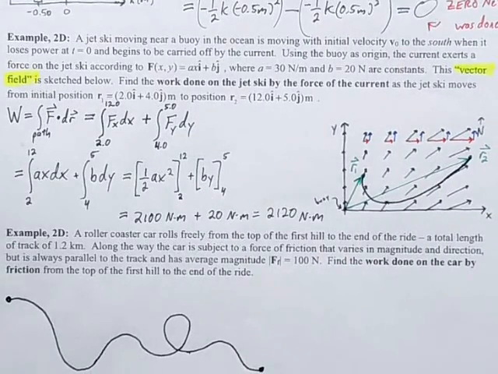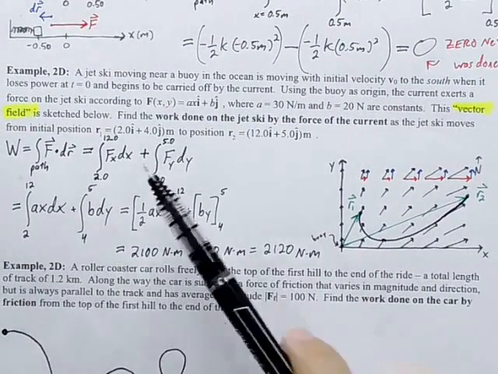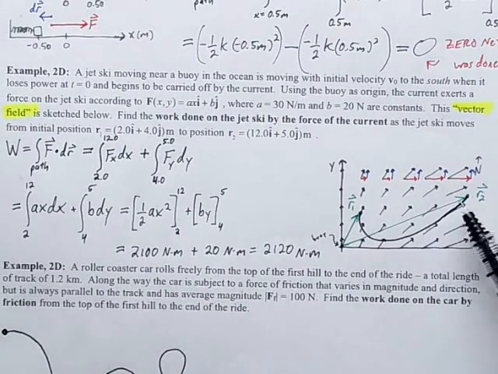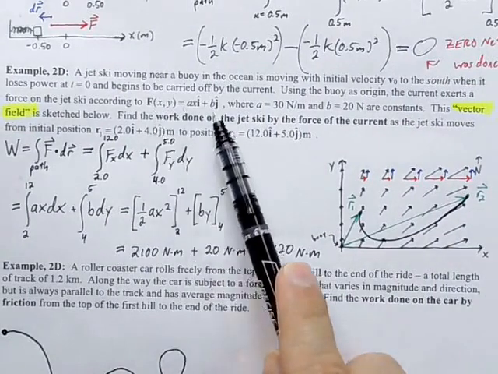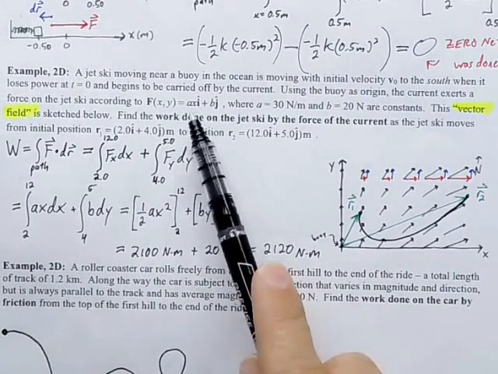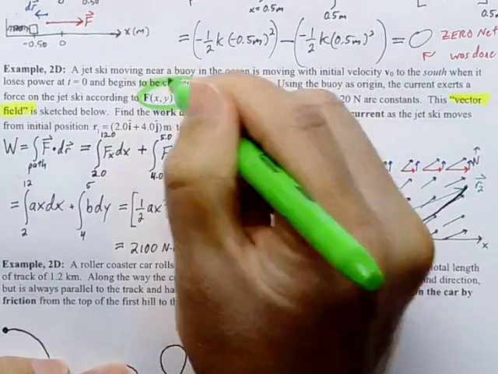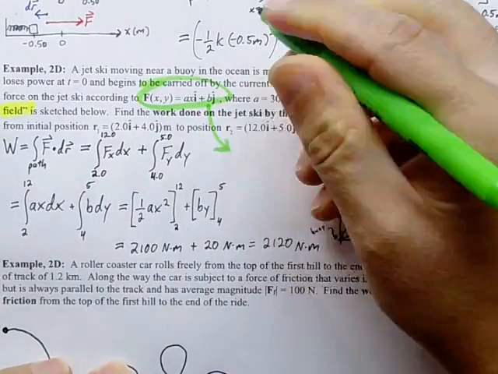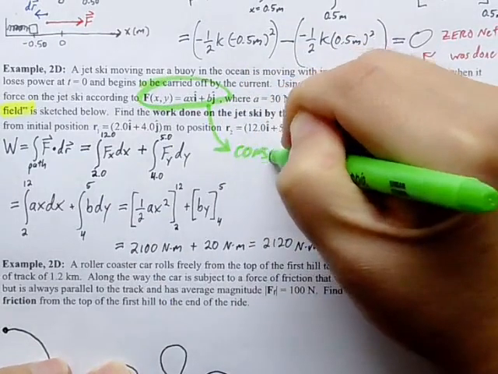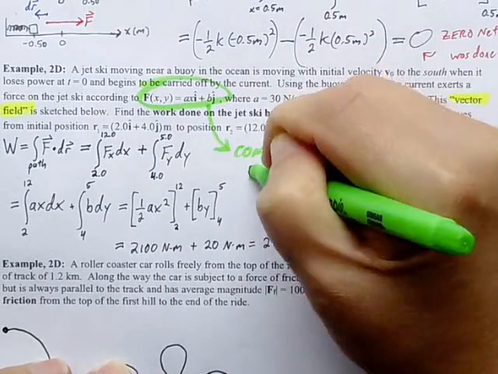The answer in this case happens to be that what we did was correct. We did not need to worry about that reversal because of the nature of the force that we were given. We were given a force that was a function of position, a very special kind of force that falls into a category that we call conservative forces.